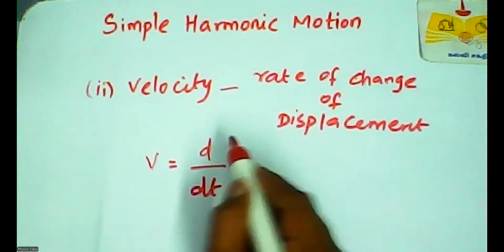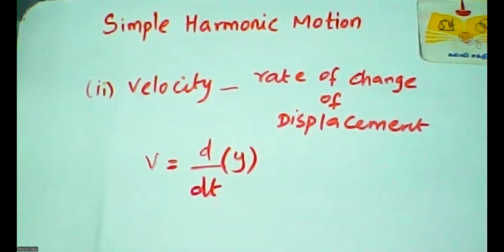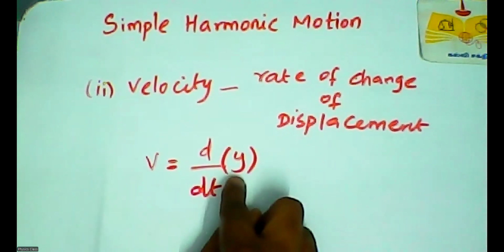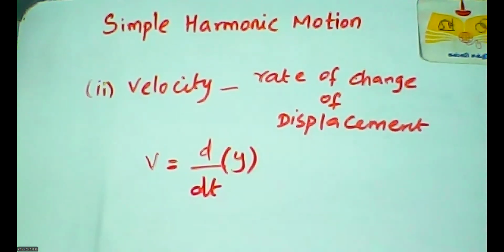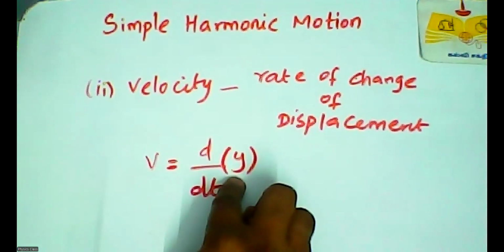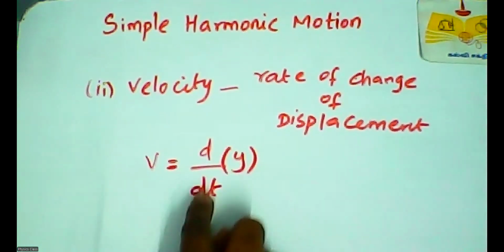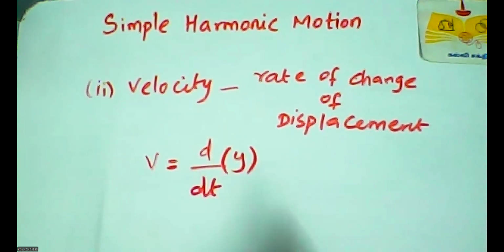So displacement here we denote as y. We have to put y here, we don't put x or s or h, because we have already labeled displacement as y. So the rate of change of displacement with respect to time: we have y, and what is y?